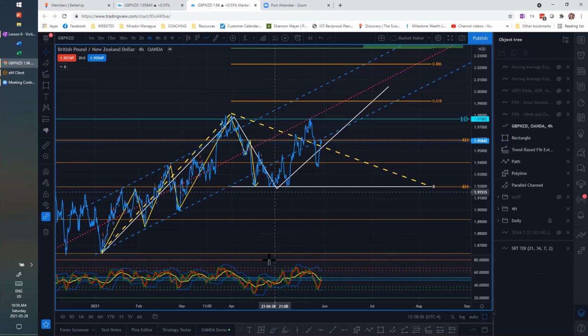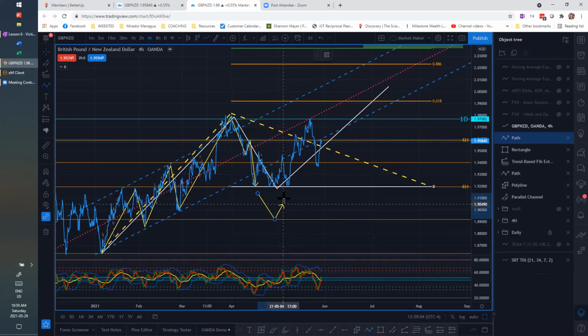Now, if this area here had been coming down and started to look more like this, then I would have been expecting more likely a breakthrough. Why? Because this is a typical descending triangle pattern in Forex that usually results in a breakthrough at the end.